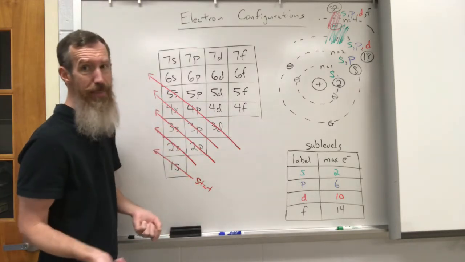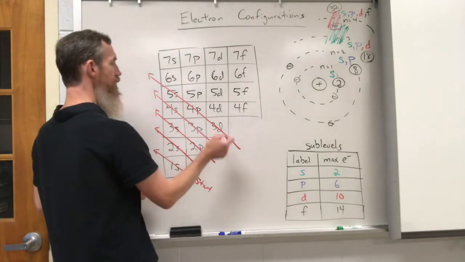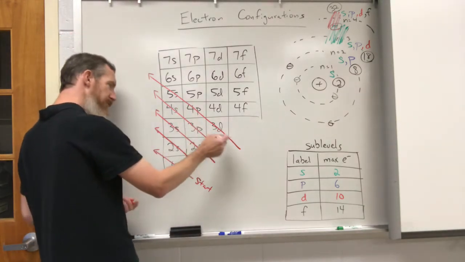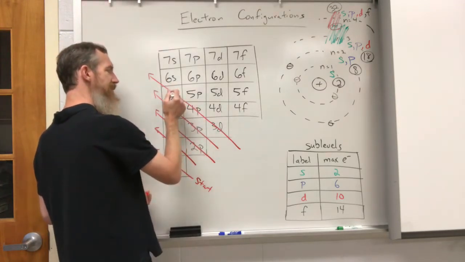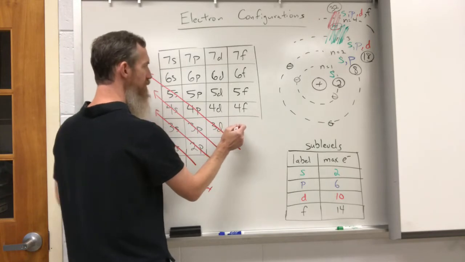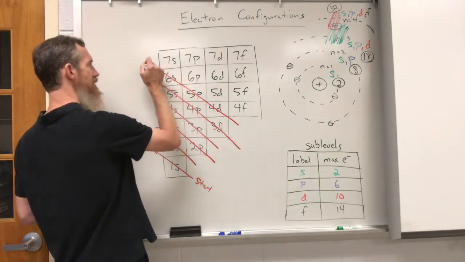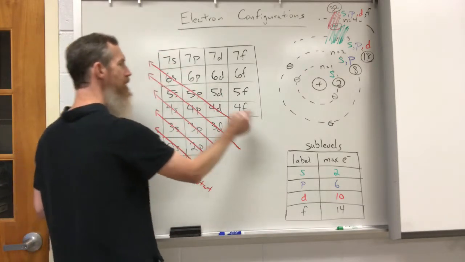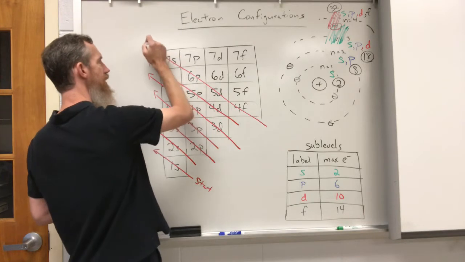But that's the way it happens. That's the way all this overlap goes. So we finish this. They fill in this way. We fill in the 3Ds. Then we fill in the 4Ps. Then we fill in the 5Ss. Then once the 5Ss are filled, we go back and start filling the 4Ds, the 5Ps, the 6Ss. And when they're filled in, then we go back to the 4Fs, the 5Ds, and you get the idea.